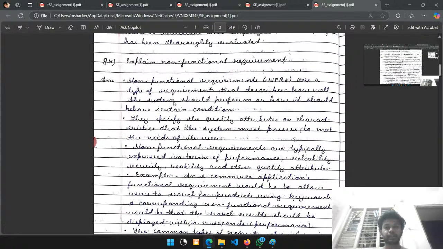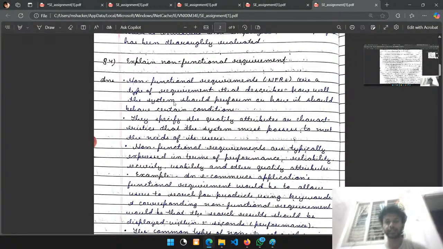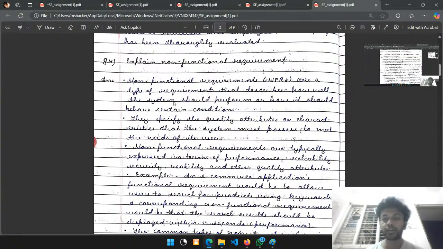Okay, so non-functional requirements are the types of requirements that describe how well the system should perform or how it should behave in a certain condition. They specify the quality attributes or characteristics the system must have.